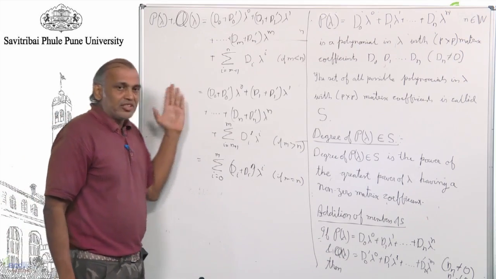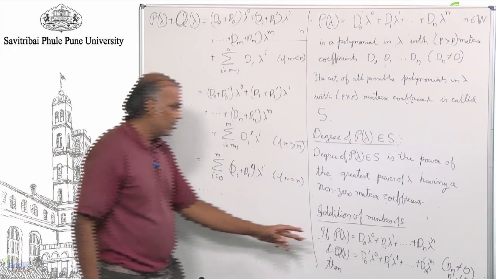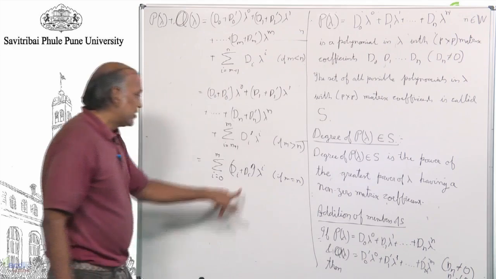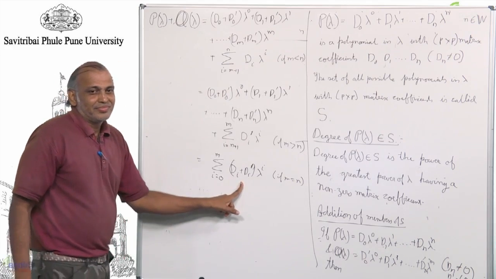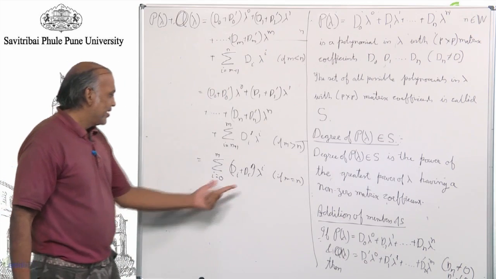So therefore the degree of the summation would be the degree of the bigger of the two. But in this case there is a slight catch.